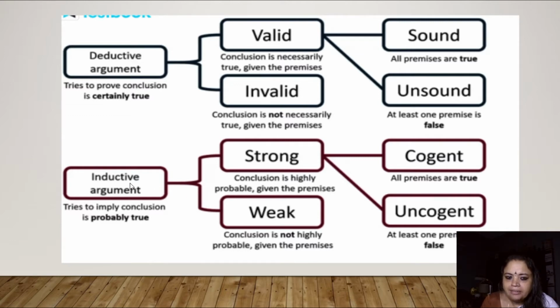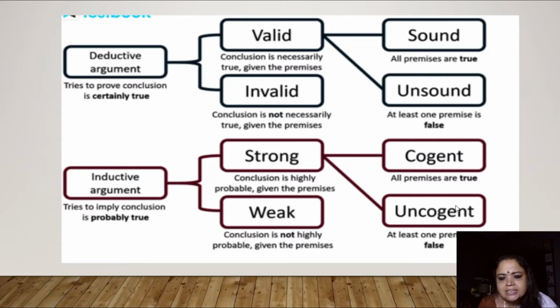Similarly, in an inductive argument, the conclusion might be probably true. If the conclusion is made probably true by the premises, then we say that the inductive argument is strong. Whereas if the premises are not probabilistic, then we say the conclusion is weak. In the case of a strong conclusion, we say that all the premises are true and it is cogent.